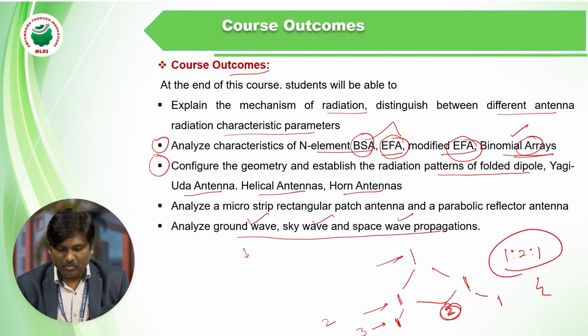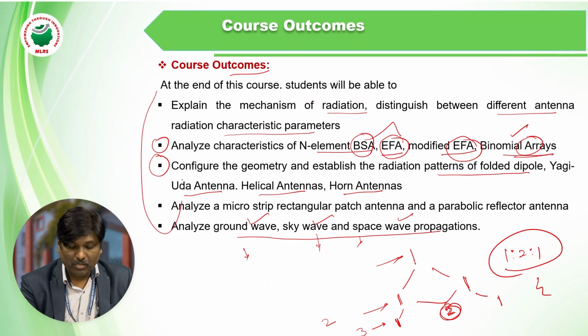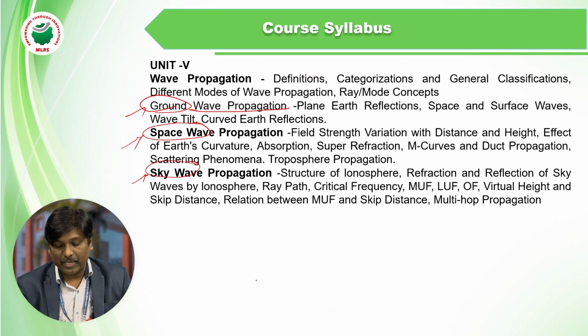Ground wave propagation is mainly used for local applications, that means the lower ranges, while these are used for longer range transmissions. That classification or characterization is to be observed in our fifth unit. So these are the course objectives, 5 objectives and 5 outcomes based on our 5 units syllabus.